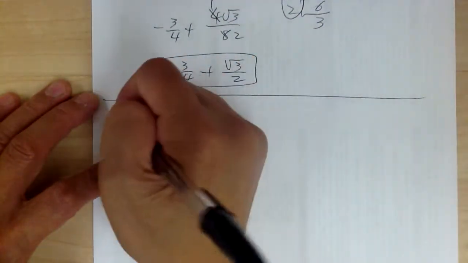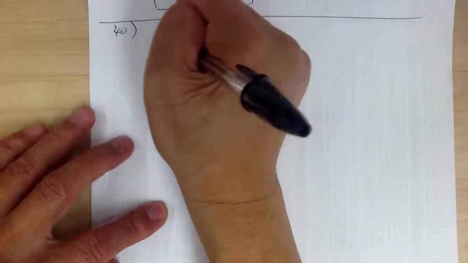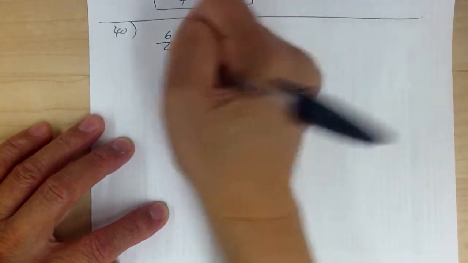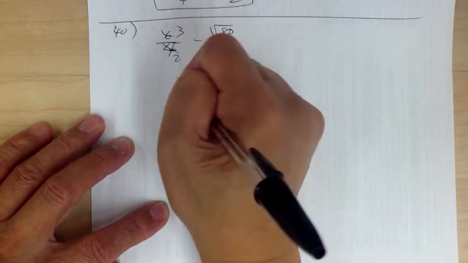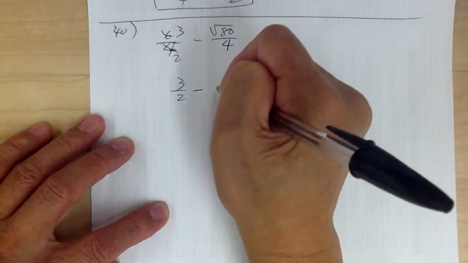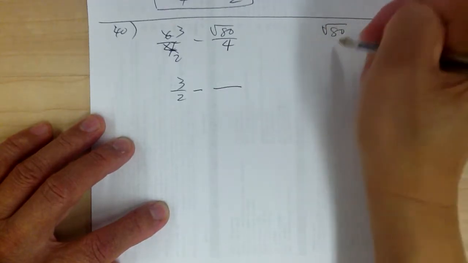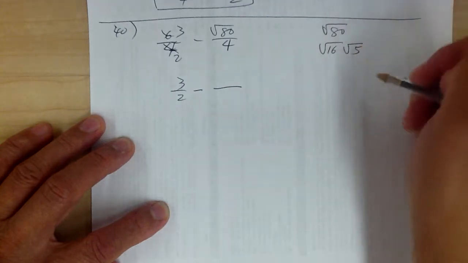Okay, number 40. So again, I'm going to separate the two parts. So I get 6 over 4 minus square root of 80 over 4. So this one I can divide by 2. So I get 3 over 2 minus, I can break up everything. Okay, so square root of 80, I can separate into square root of 16 and 5.